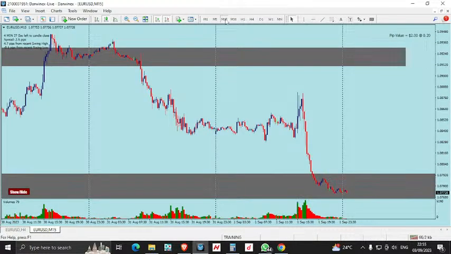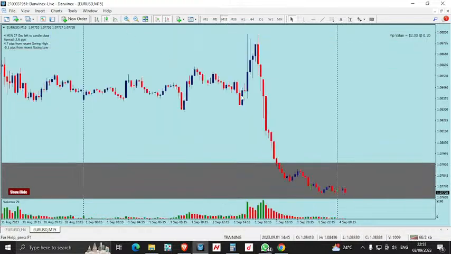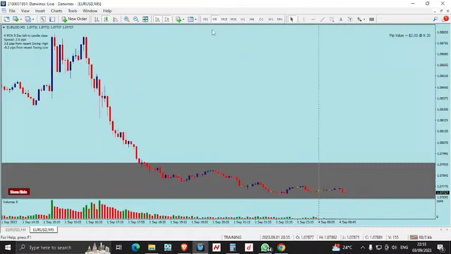Let me go to 15 minutes. On 15 minutes, look at what is happening already. The movement is stalling. So have your eyes here. It may be an opportunity to make a good trade. You can even come down to 5 minutes.